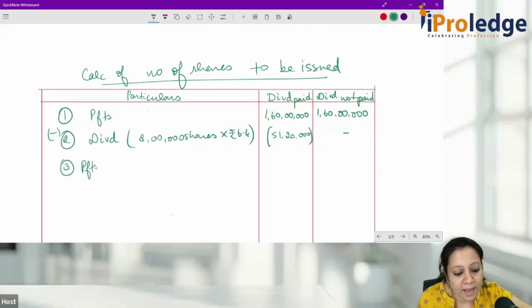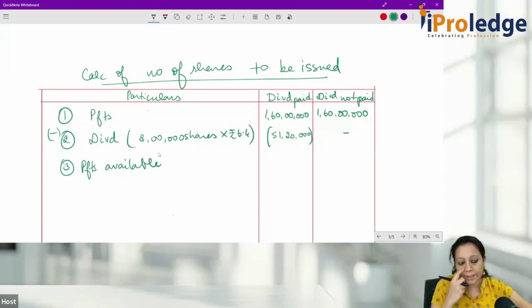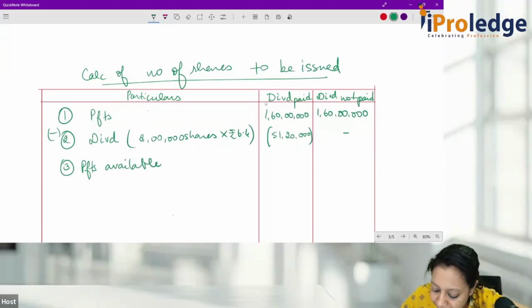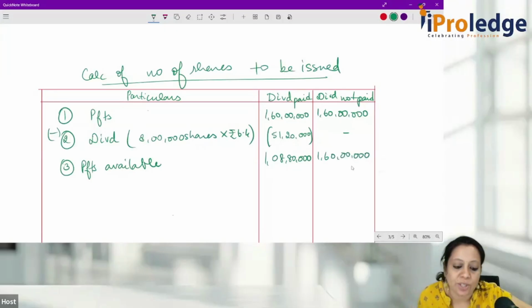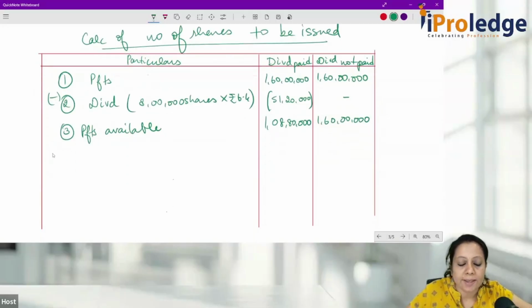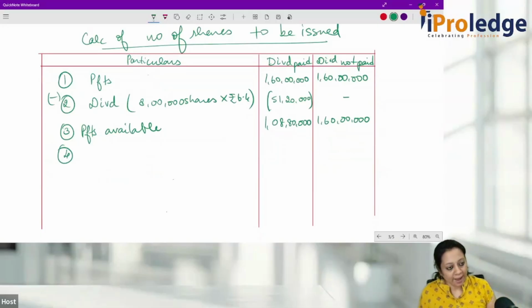So the profits available after distribution of dividend, or the retained earnings, is how much? 1 crore 8 lakh 80,000, and here it is 1 crore 60 lakhs. This much is the profit that is available. Now what are we supposed to do next? Totally profits I have.